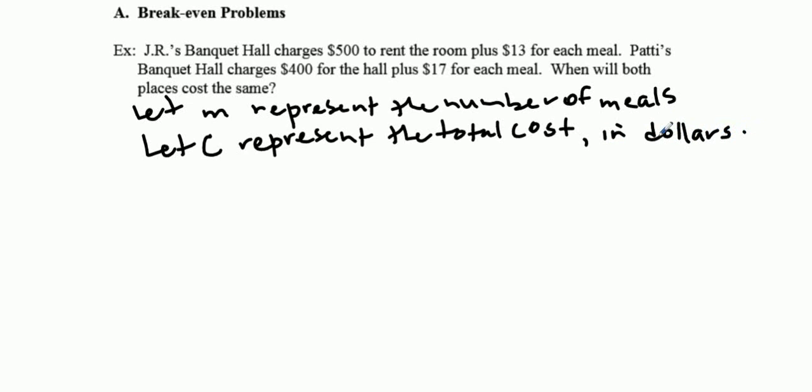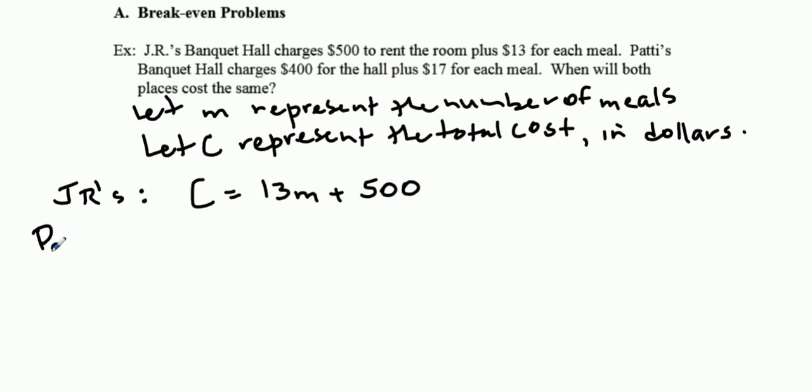Okay, so here I'll just write JR's, so I know which equation is which. So it costs $500 to rent the room, that's that flat fee, and then the variable fee is $13 for each meal. So we would have C equals 13M plus 500.